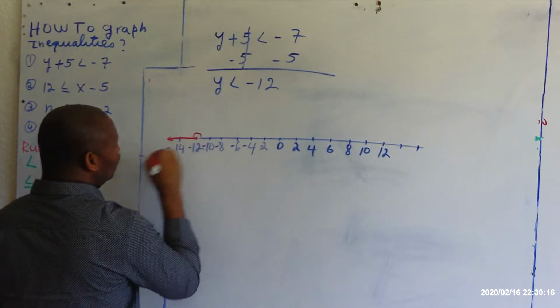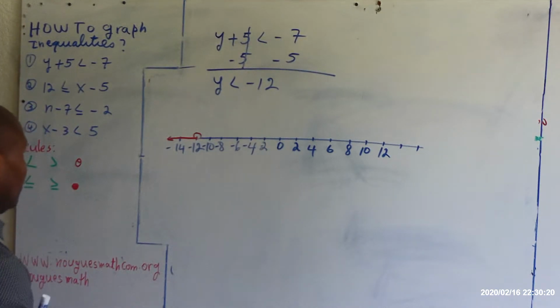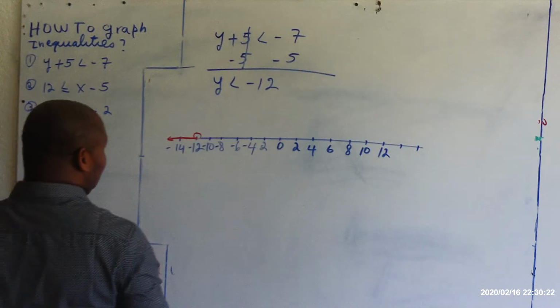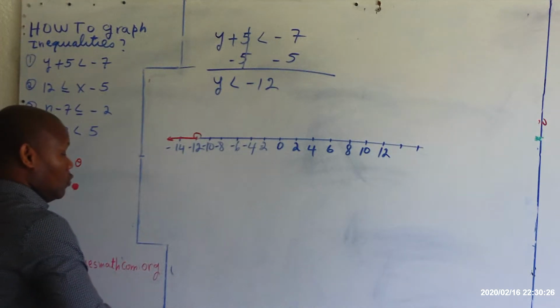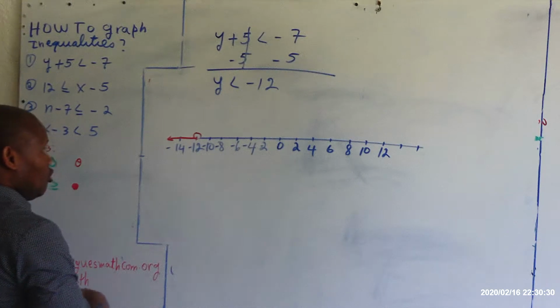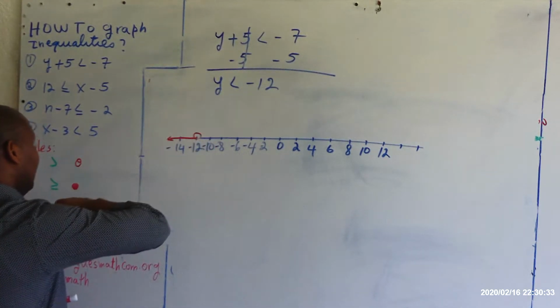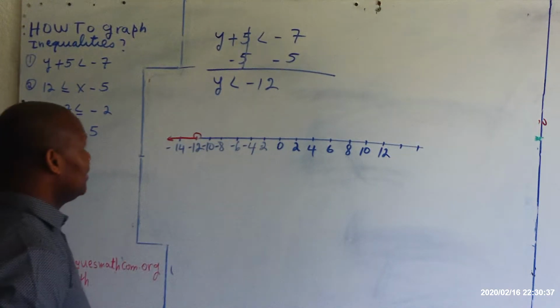That's an open circle right here. Good graph, that's very easy. So pay attention to the sign, if it's less than or greater than. If it's less than, you come with an open circle. If it's less than or equal, it's a closed circle. Okay, that's the first exercise.